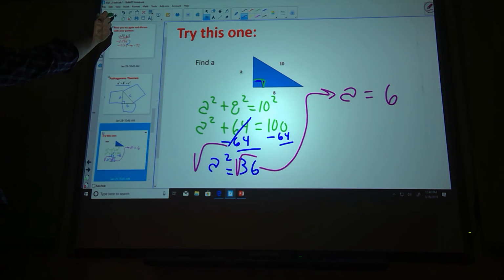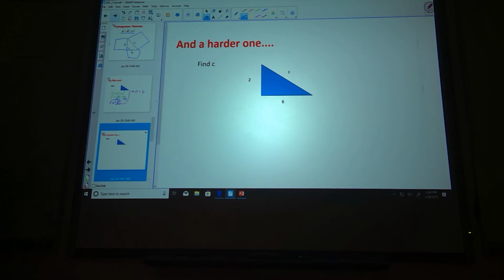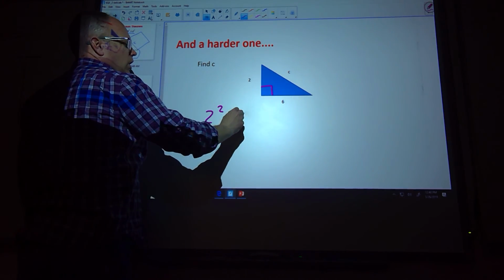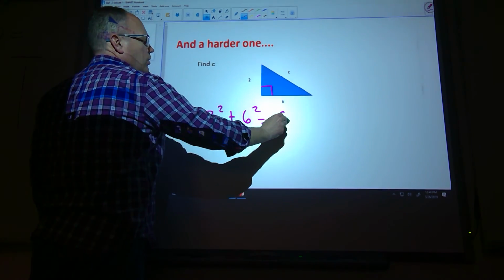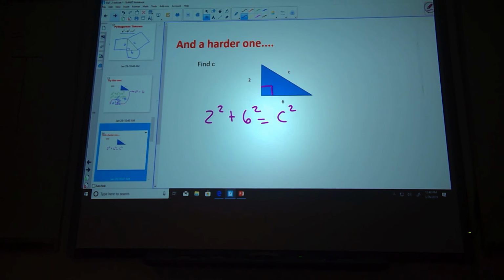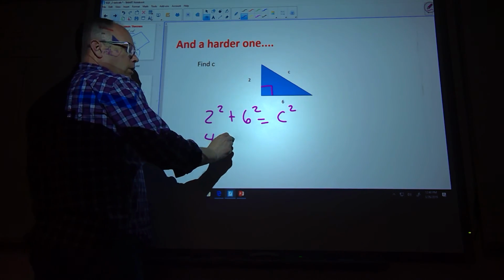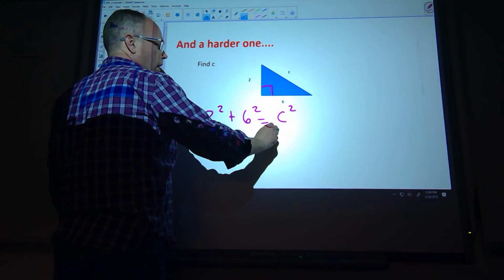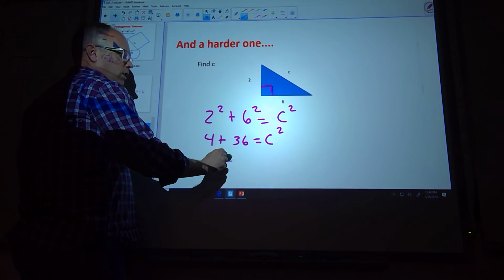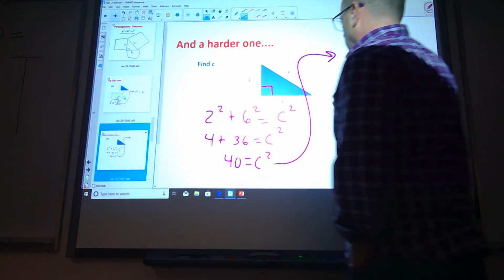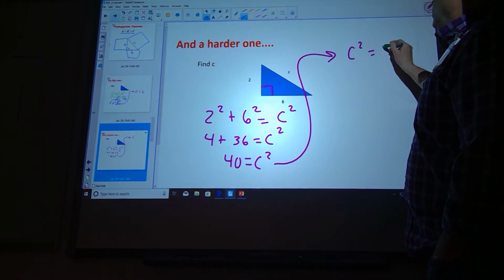Let's do this next one. Here's one more. My two legs, I have 2 squared plus 6 squared is equal to c squared. 4 added to 36 is 40. So I have c squared is equal to 40.